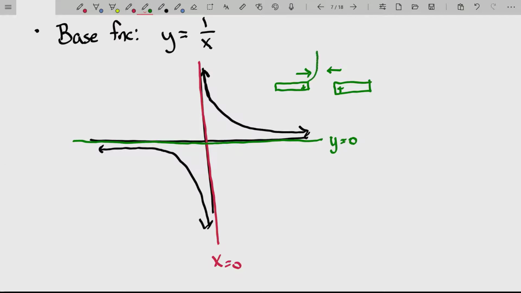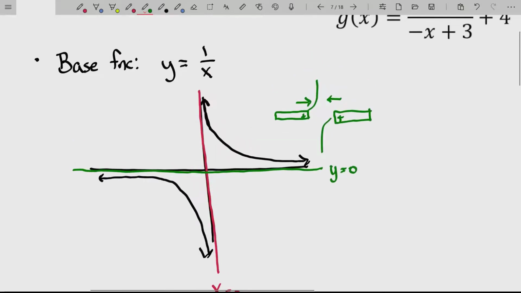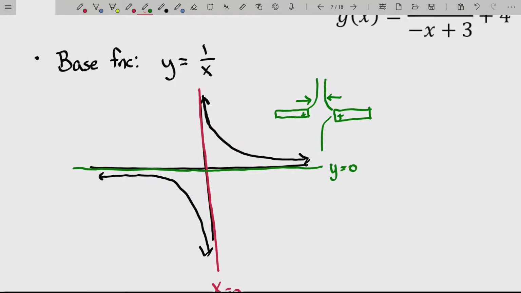One would end up slipping upward, the other one would slip downward. That's because you have a singularity occurring when you're trying to push those two polarities together. If they're the same polarity, they will not attract, only opposites attract. They might both push up, but they still showcase a vertical asymptote. And that's exactly what we have there, vertical asymptote.